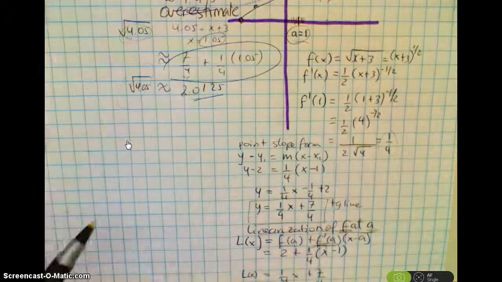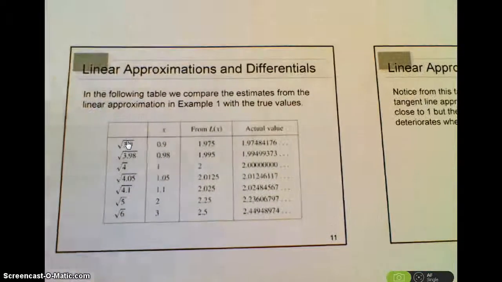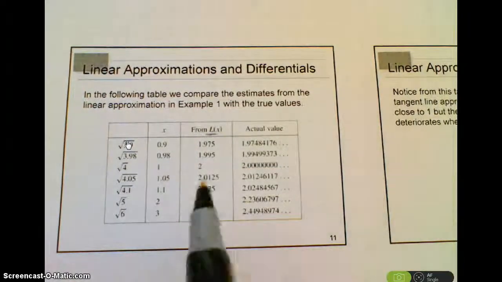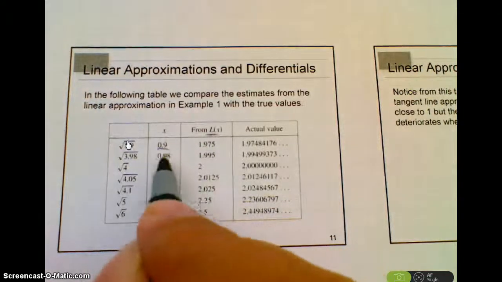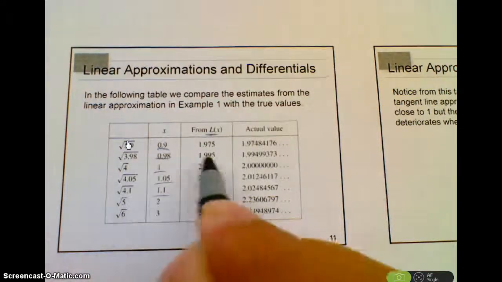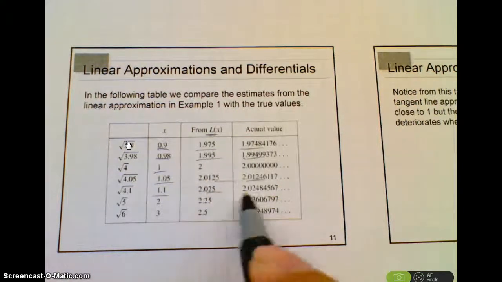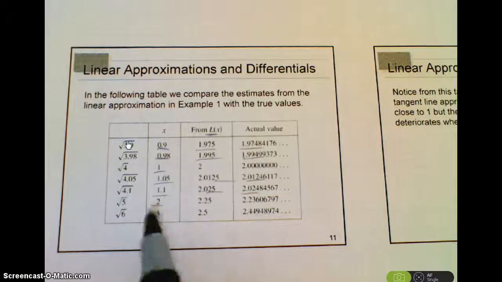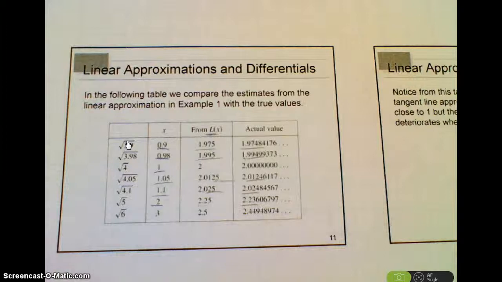Now on the slides you have several values for the real function, the actual value, and from the linearization at 1. So you can see how whenever x was close to 1, these values and these values are pretty much good enough, very close to each other. But as you go away from 1, let's say 2 is too far. You see you have 2.25 and here you have 2.236.